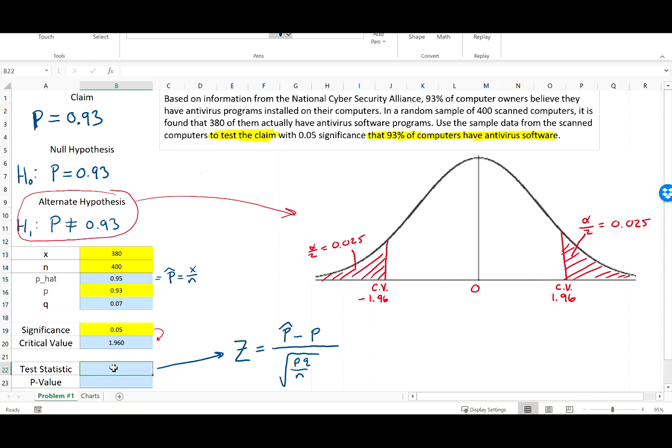What I'll do is put some parentheses around the numerator just so we preserve the correct order of operations. Parentheses can't hurt.